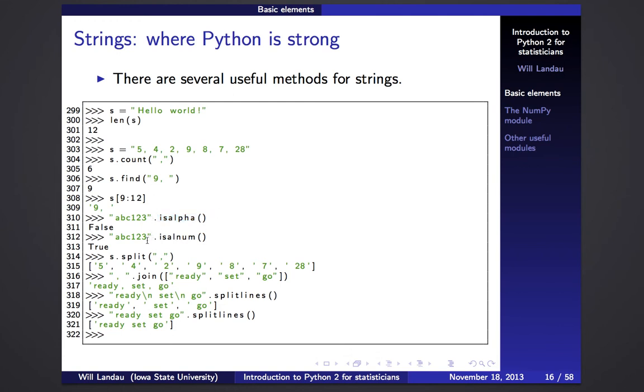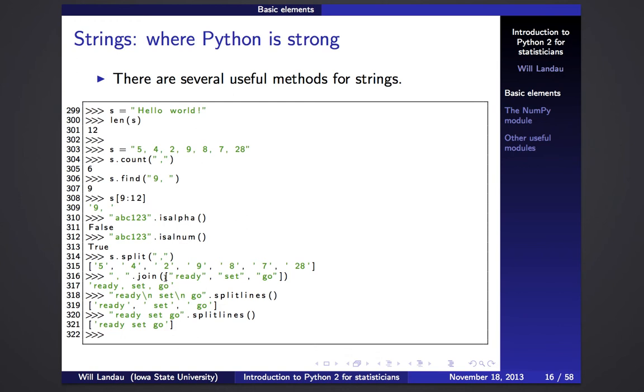You can check the content of these strings, whether they're all letters or they're all letters and numbers. You can split them into a list of strings by a certain character, or you can join a list of strings together. You can split by lines, which takes care of the new line characters. That's shorthand for split with the new line character right here.